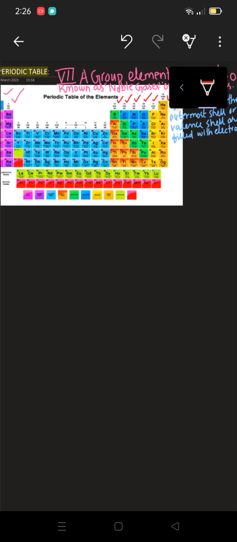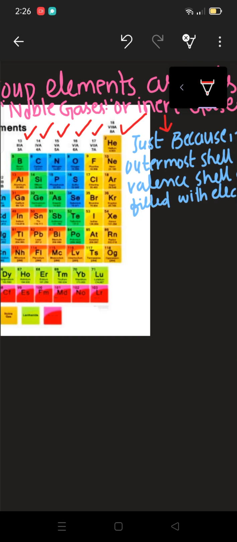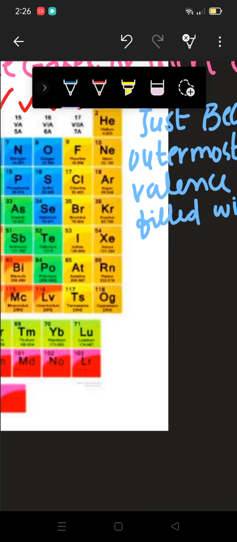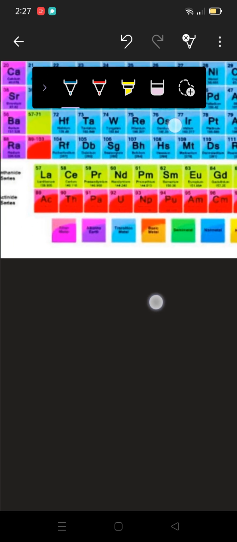Now let's talk about the elements which are present in the 8th A group, which are also known as noble gases. So how many elements do we have in the 8th A group? I can count here with you people so that it can be clear to you as well. 1, 2, 3, 4, 5, 6, 7. So 7 elements we do have in the 8th A group. So I should write here the names as well.